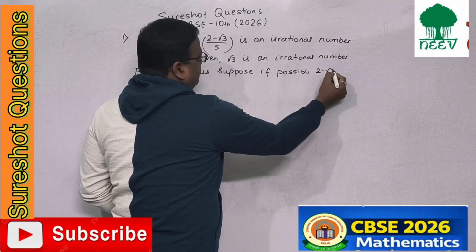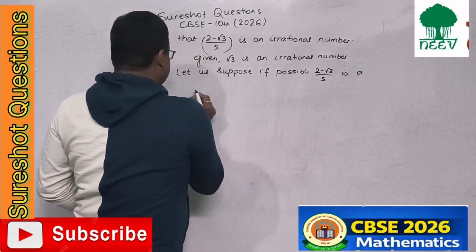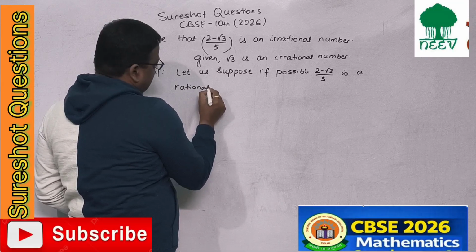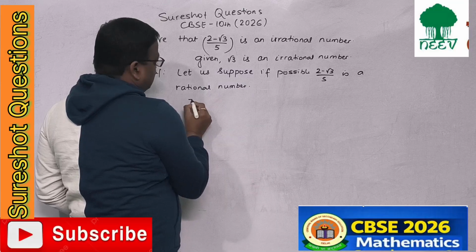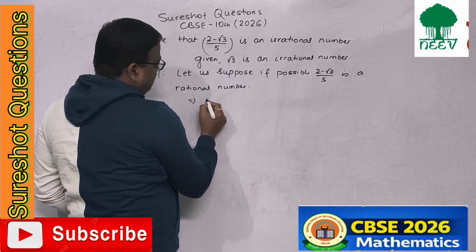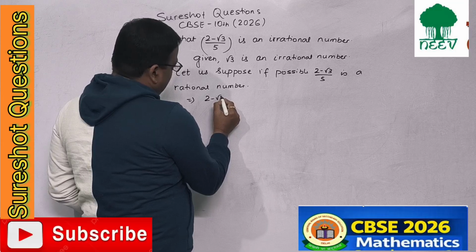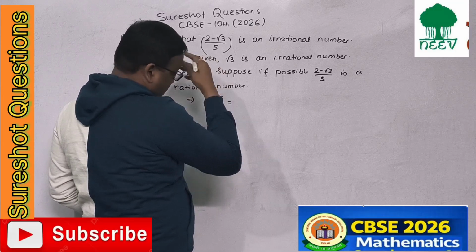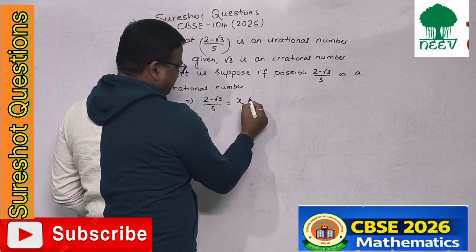2 minus root 3 by 5 is a rational number. This implies 2 minus root 3 by 5 is equal to, let's say, x.